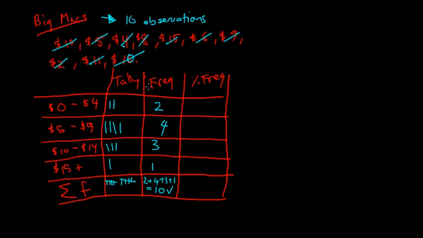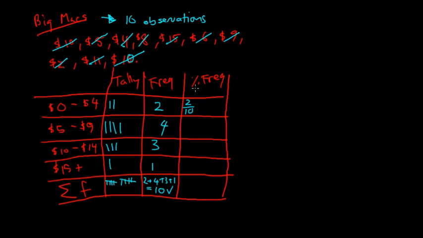So when we're calculating percentage frequency, what we're aiming to do is establish what percentage of the time observations in this bucket were captured in our sample. So the way we do that is we say, okay, we had 2 observations lying between 0 and 4, a total of 2 observations. We had a total of 10 observations.